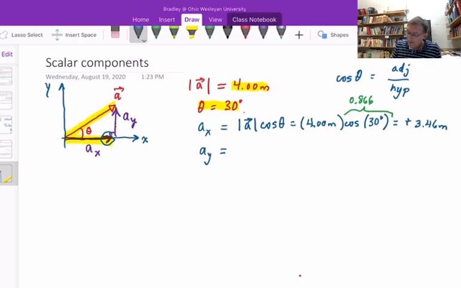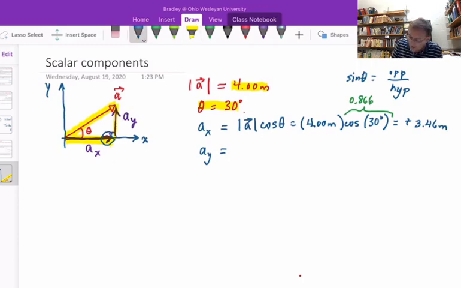Now, if cosine theta is adjacent over hypotenuse, we know that sine theta is the length of the opposite side over the hypotenuse. Why do I say that? Because now I turn to A sub y, which is right here, and that side is opposite to the theta.